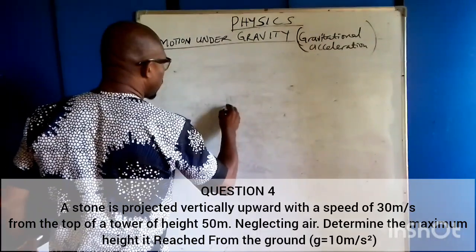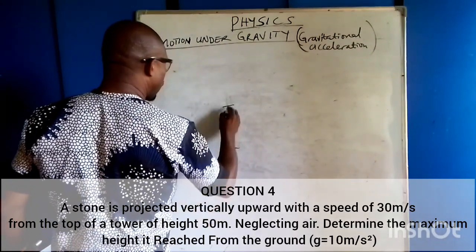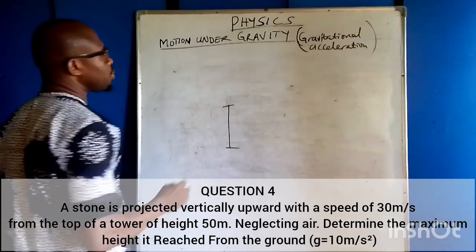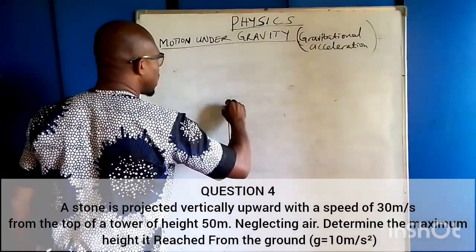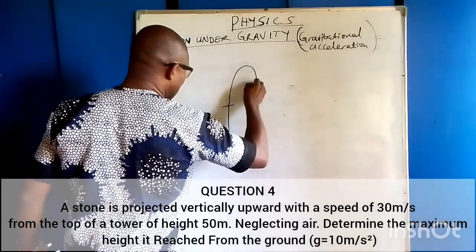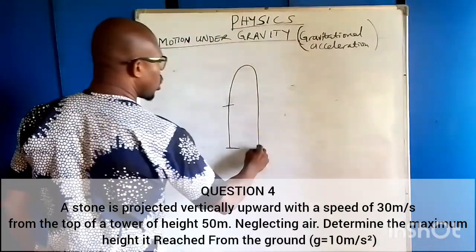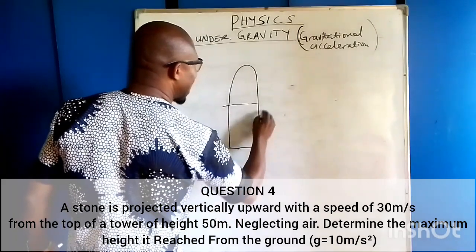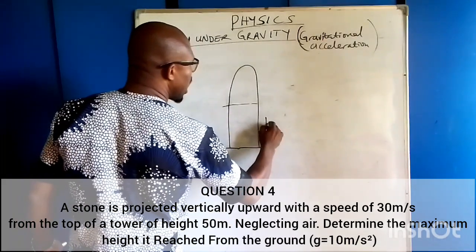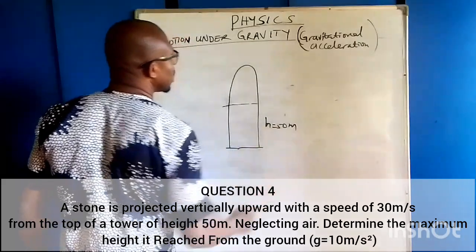So if this were to be the platform from where the stone was projected, now if you project it, it will go up and then return down. Now from here to here is the height given to us, which is 50 meters.